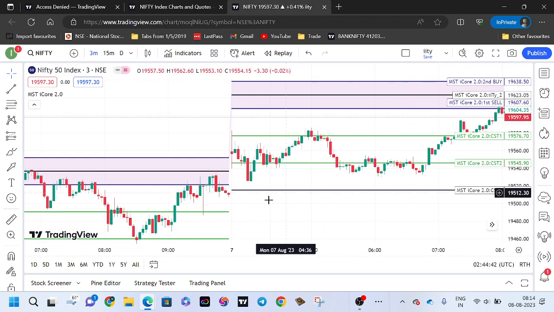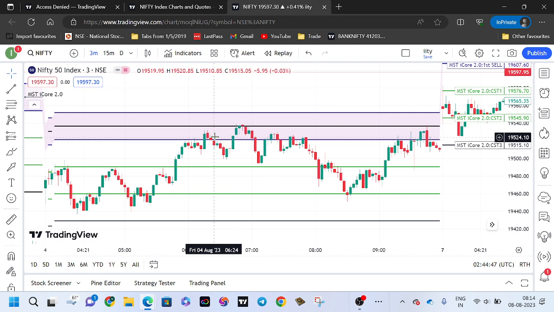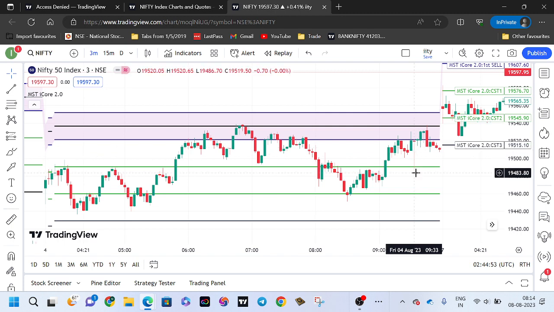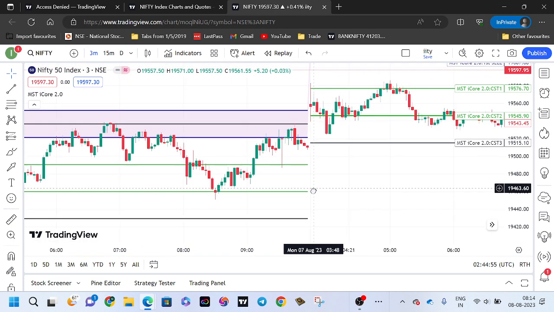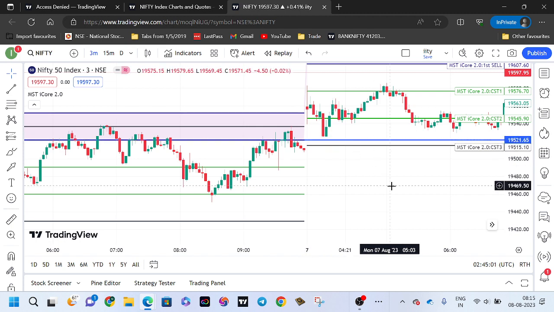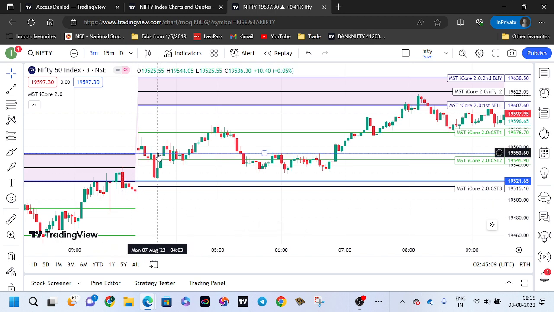So let us see what happened yesterday and the day before yesterday. Sell got activated, first target hit, second target hit, once again sell activated, first target hit. And see, if you extend this line, here if we consider the second buy as a zone, again buy activated, all the targets hit.